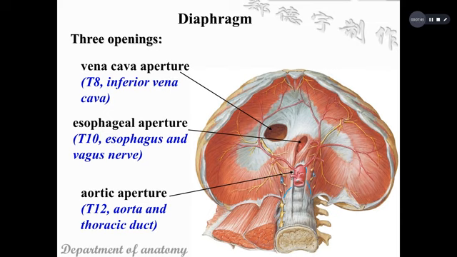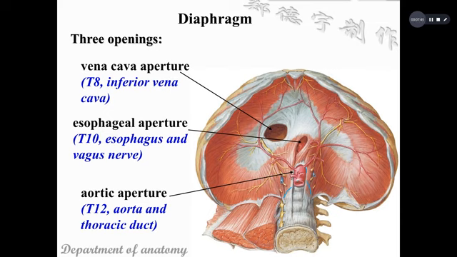The second one, superior and a little left to the aortic aperture, is named the esophageal aperture or hiatus. From its name, the esophagus passes through, accompanied by the vagus trunks.